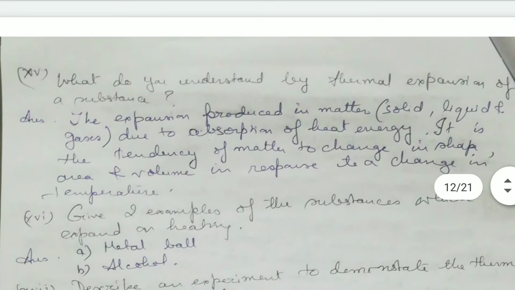What do you understand by thermal expansion of a substance? It is the expansion produced in matter, that is in solid, liquid or gas, due to absorption of heat energy.